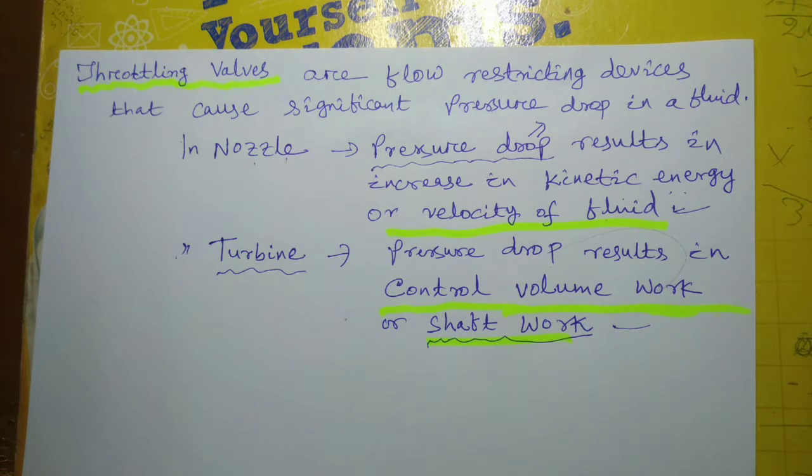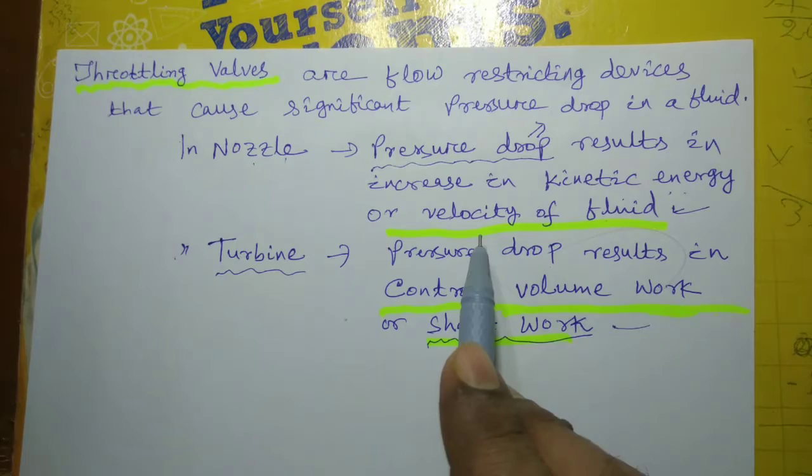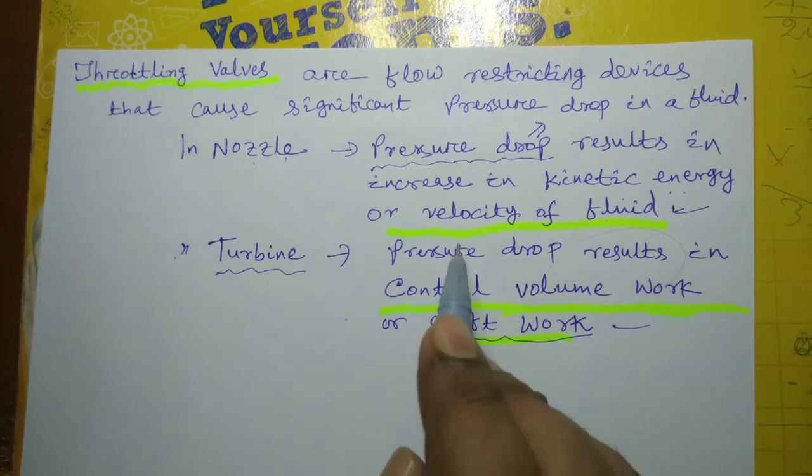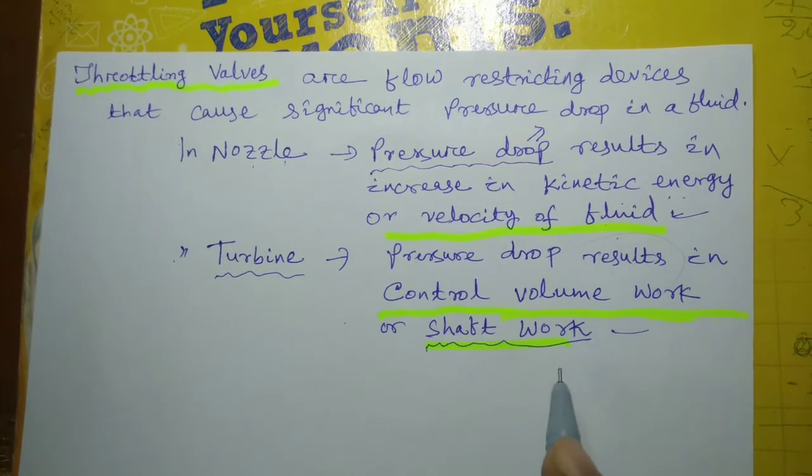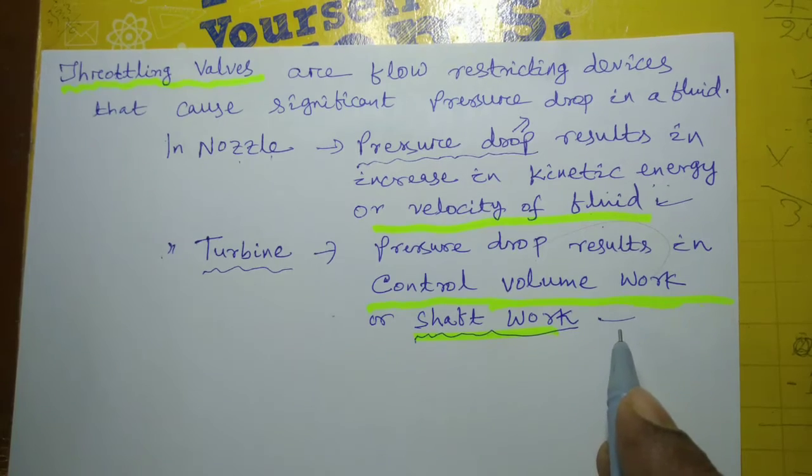That is the basic difference. In a nozzle, an increase in kinetic energy takes place, and in a turbine, some control volume work is produced. But in the case of a throttling valve, a pressure drop takes place in the fluid that passes through these flow restricting devices, but without any increase in kinetic energy and without any control volume or shaft work.